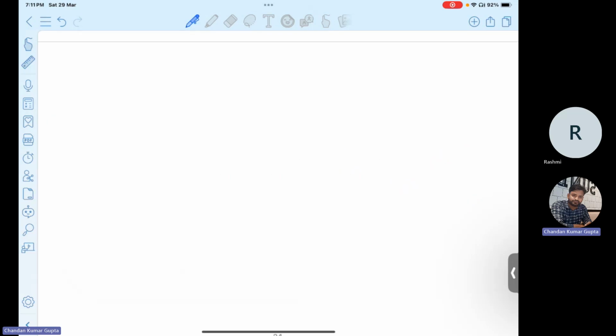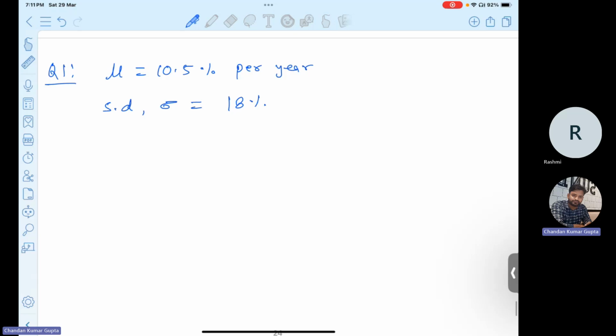Let's do one question. Suppose the average return of a risky portfolio is 10.5% per year, with a standard deviation sigma of 18% per year.